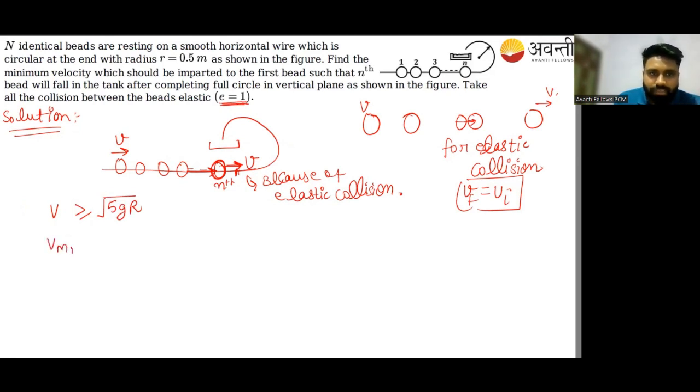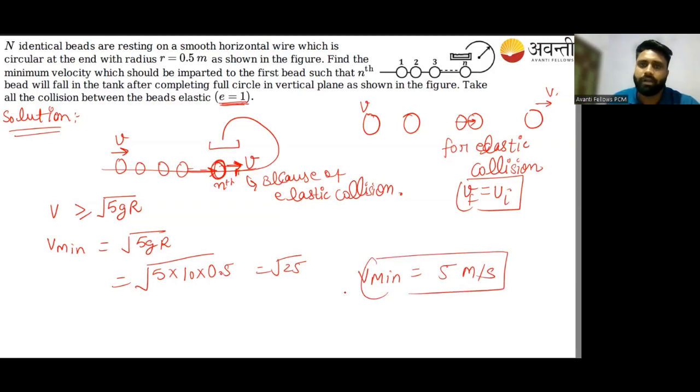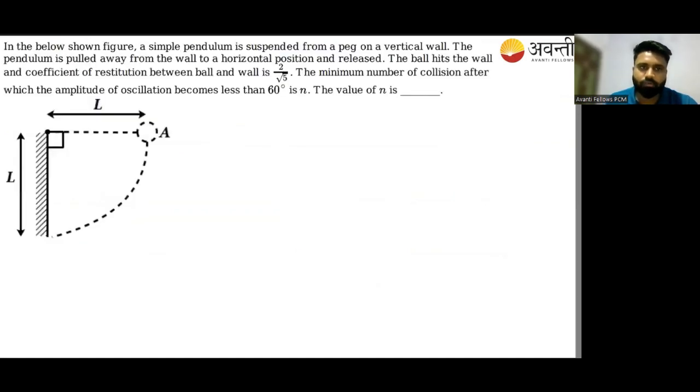So v minimum here is equal to root 5gr. Now, what is the value of g? It is 10. What is the value of r? It is 0.5. So it is the square root of 25. So v minimum is 5 meter per second that you have to impart to the first bead. Now move on to the next question.